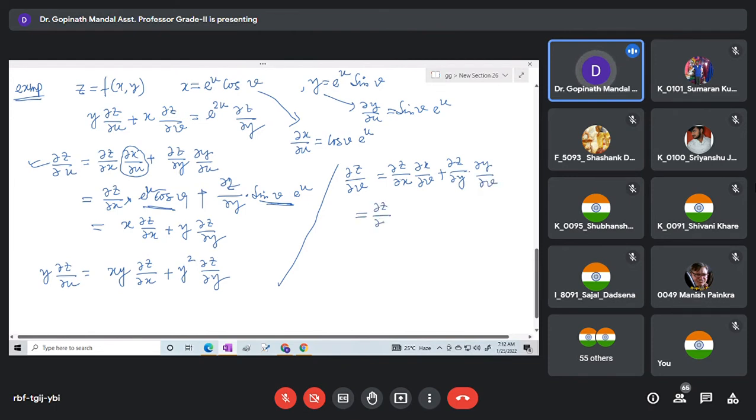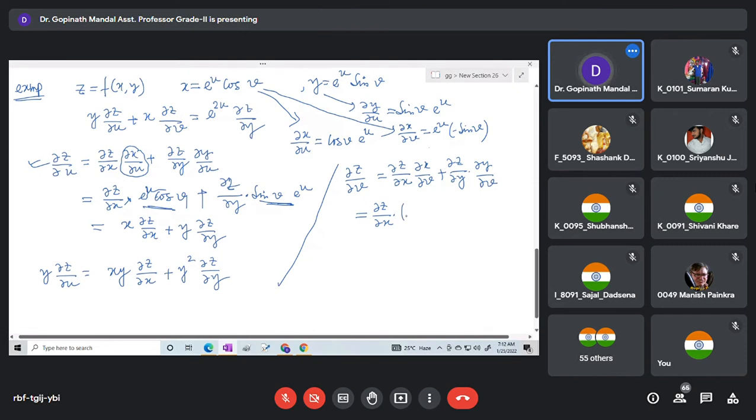Now ∂z/∂x into ∂x/∂v. ∂x/∂v from here: u remains constant, so e to the power u, and the derivative of cos v is minus sin v.